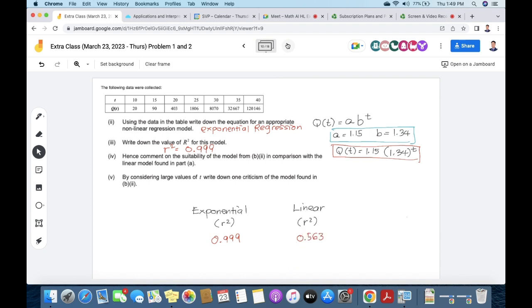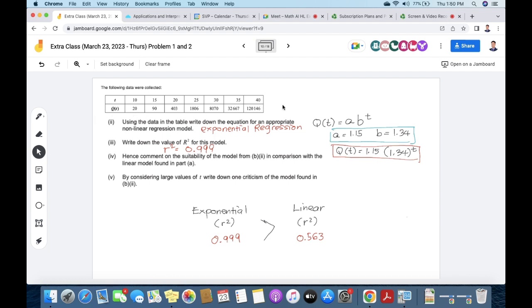So how do you compare the two? Which one is greater? The r squared of the exponential. Do you follow? The r squared tells us that as we increase the time, which is in days, we should observe a greater change in your q of t.